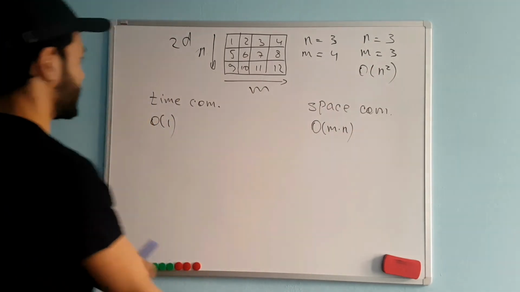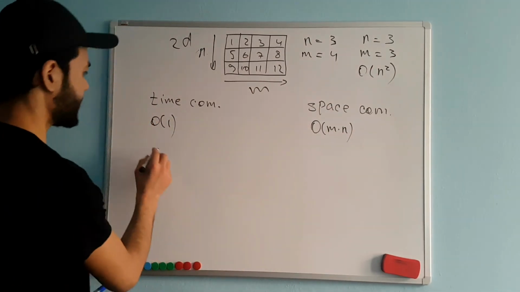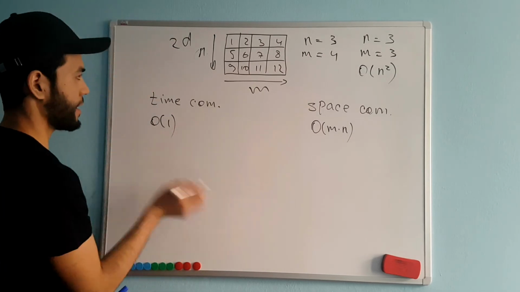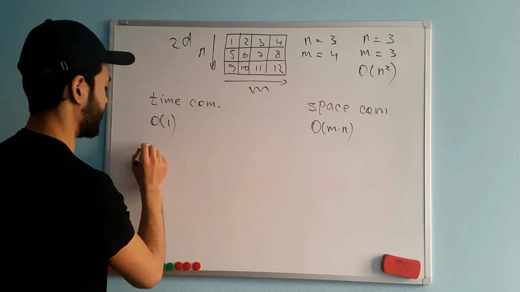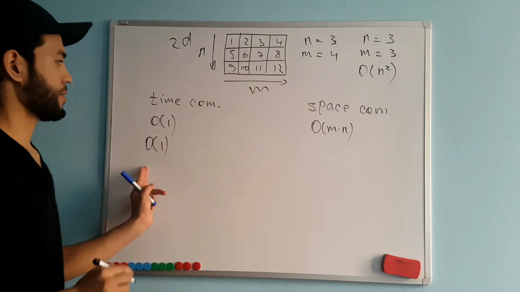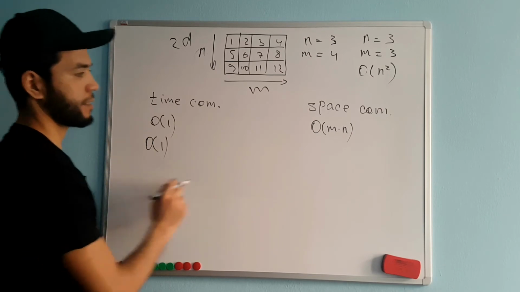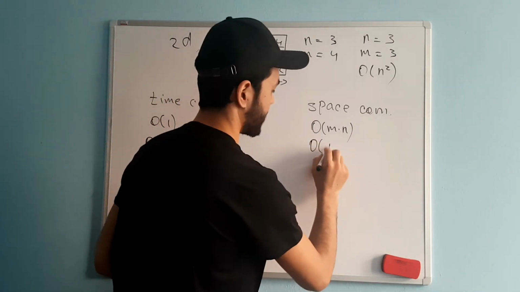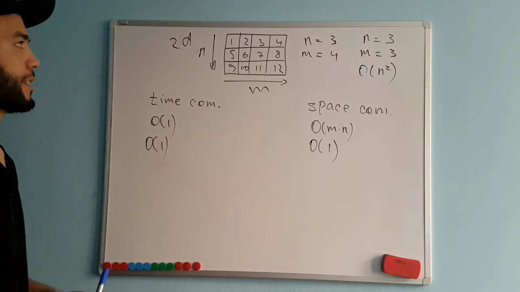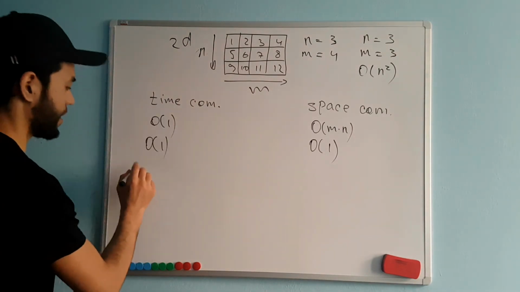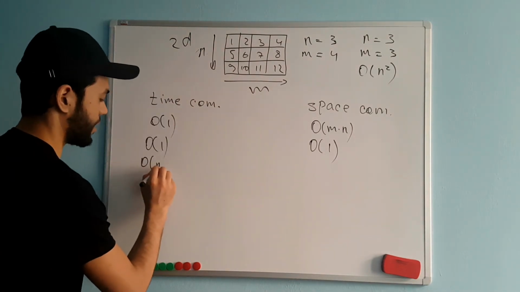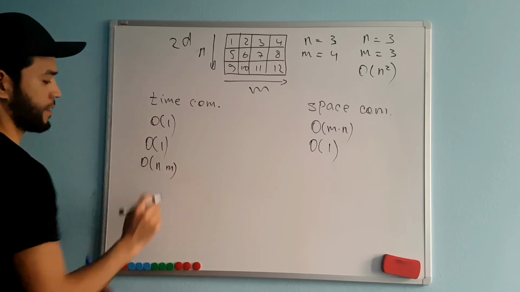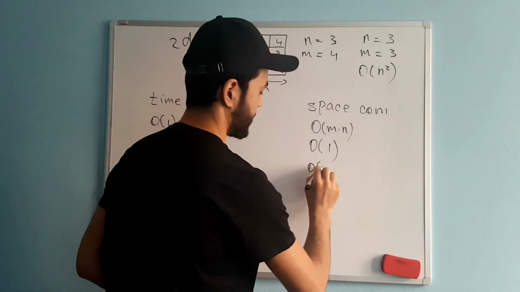Okay, and for deleting from the last, we need constant time complexity, and we don't need extra space, which is O(1). And for deleting from the middle or the first, the time complexity is n m. Okay, and also space complexity will be constant.